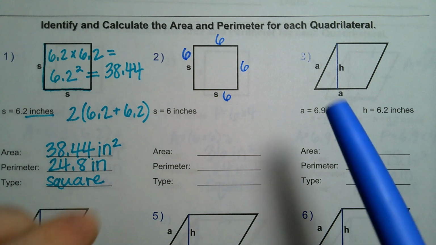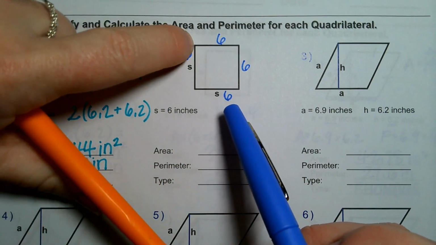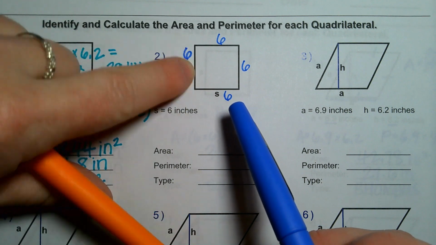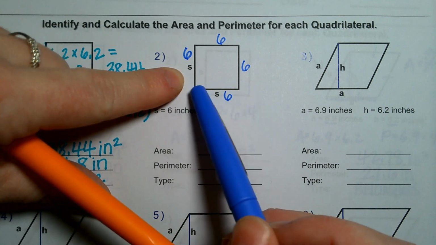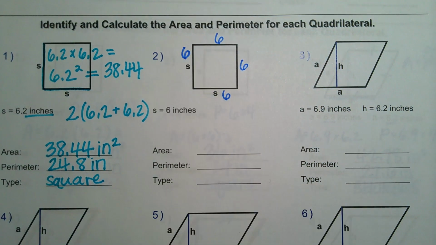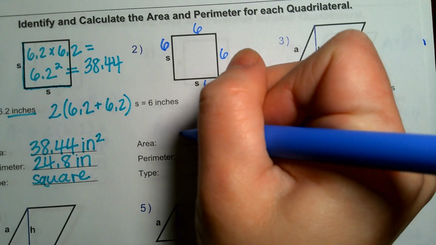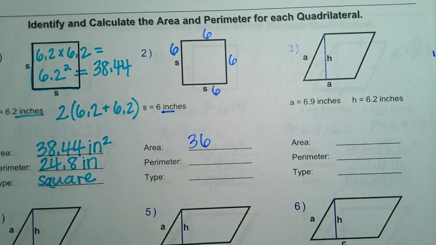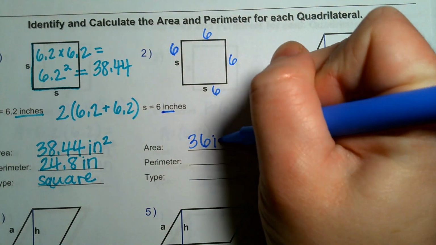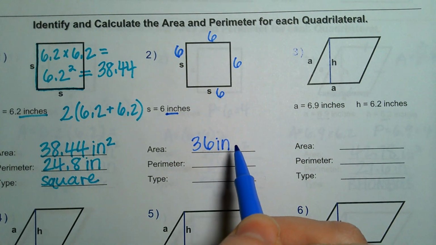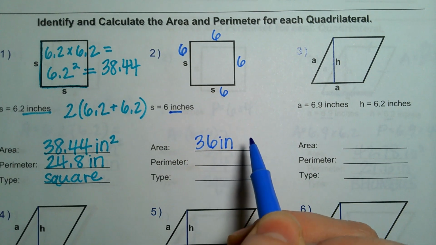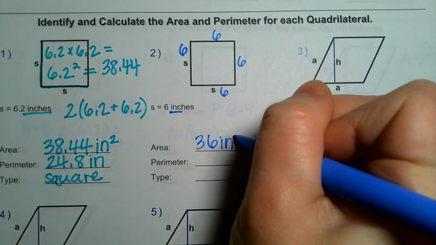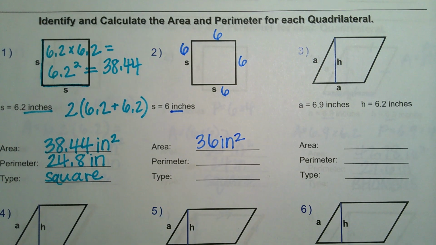So our area is just taking one side, or the height of the shape, times the base of the shape. So 6 times 6 is 36. And we started with inches. What do we need to make sure that we put on the end? Squared for area.